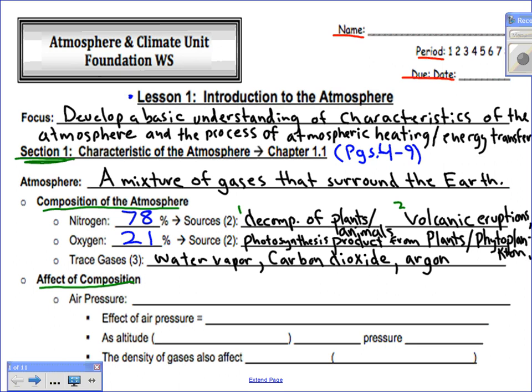So now if we take a look at air pressure, air pressure is the measure of the force with which air molecules push on a surface. So the gases affect the air pressure.